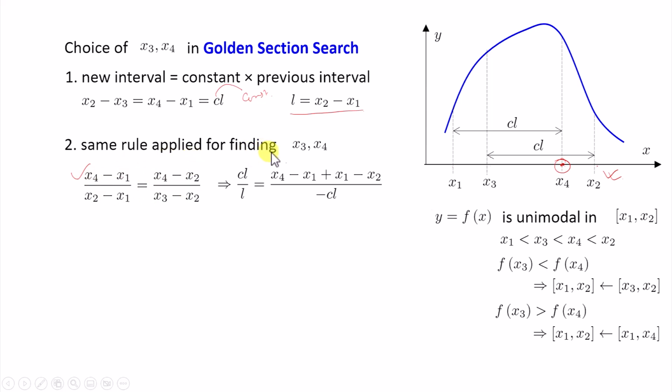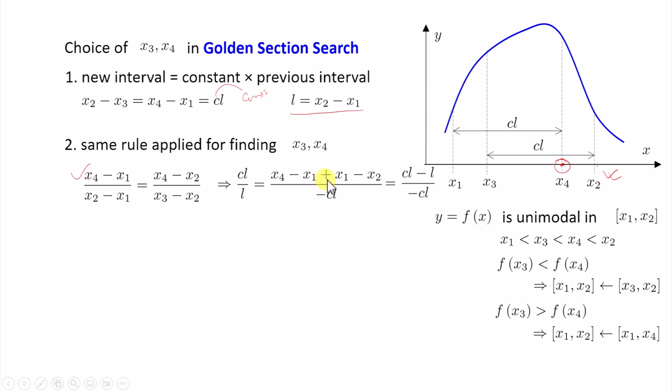Now, there is no bulletproof reason to take this rule for finding x3 and x4 and not something else. This is totally heuristic, and we found that this rule gives a good rate of convergence. If you look at x4 minus x1, that is c times L, and x2 minus x1 is L. On the other hand, x4 minus x2 we change to (x4 minus x1) plus (x1 minus x2), and x3 minus x2 will be negative cL.